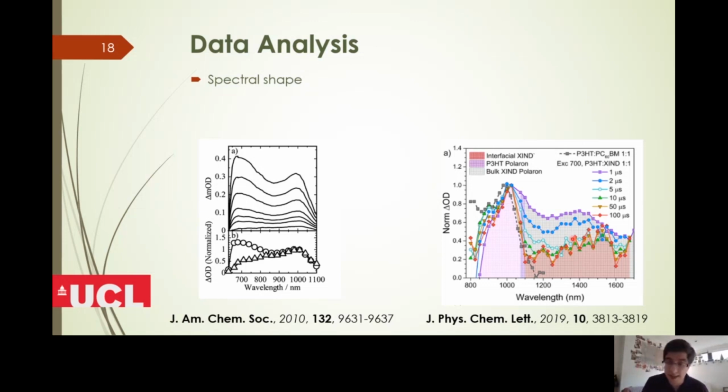For example, in this material XND, they saw how the polarons can be in the bulk of the XND domain, and also if they are at the interface between the XND and the P3HT, they have a different shape, with a band center of 1500 instead of 1400.